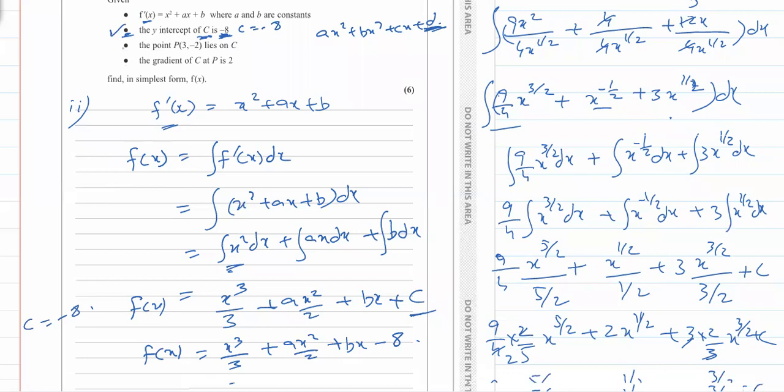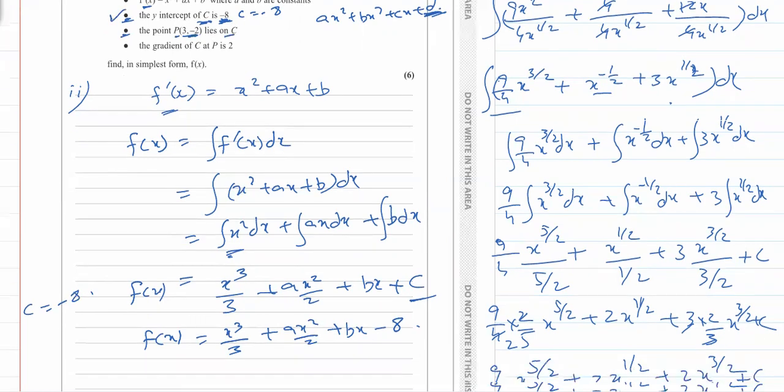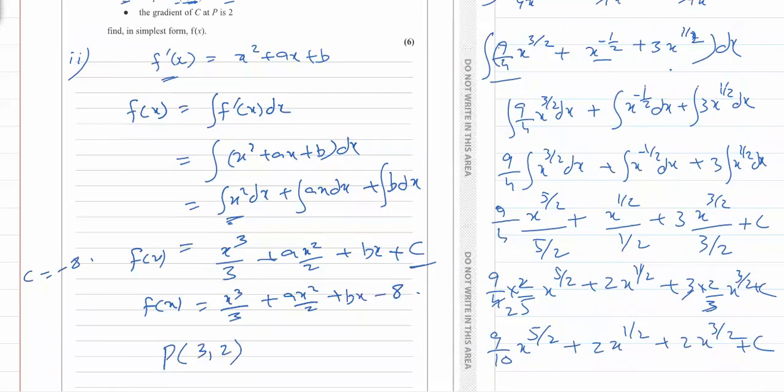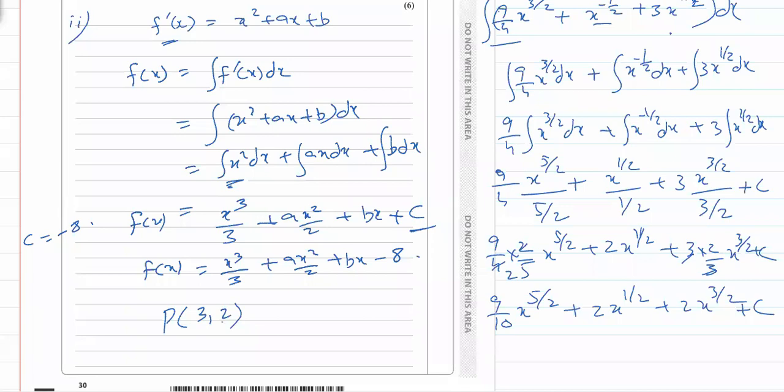The next condition is given: the point P (3, -2) lies on the curve. It means if you put this point in the curve, it will satisfy.